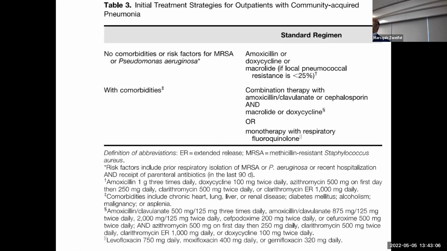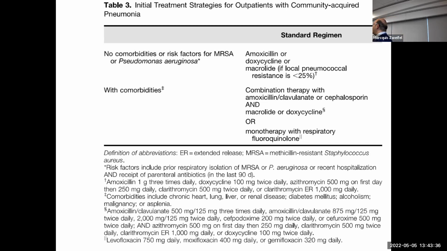Okay, so let's see here. They tell you here, you, no comorbidities or risk factors for MRSA or Pseudomonas, no risk for MDR, no comorbidities: amoxicillin, doxycycline, macrolides. Then, if you have comorbidities, you see here the quinolone monotherapy is in this group. And you see here they combine two antibiotics. This is exactly how you treat pneumonia on the floor, right?